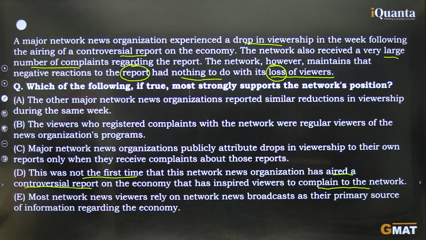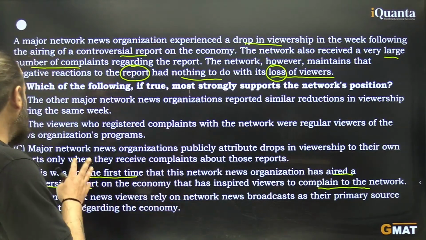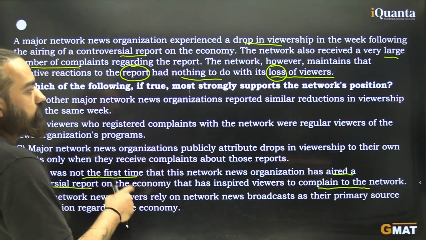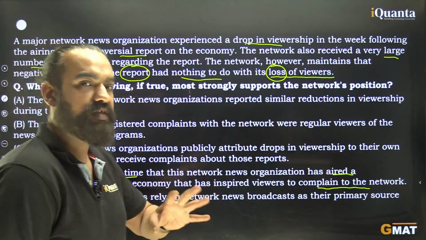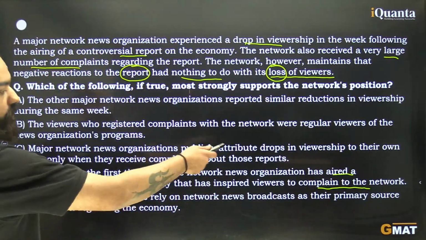C. Major network news organizations publicly attribute drops in viewership to their own reports only when they receive complaints about those reports. So what they're saying is, they've received complaints, and they're saying the drop in viewership is because of that.